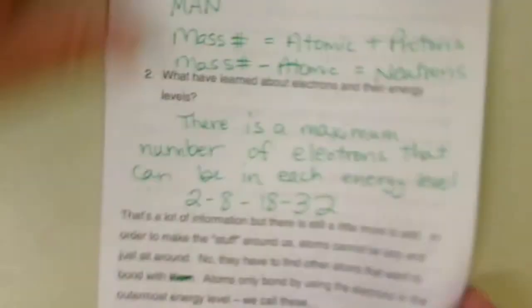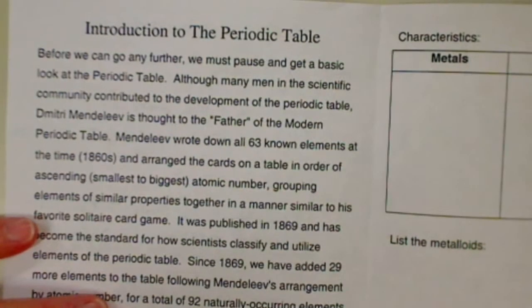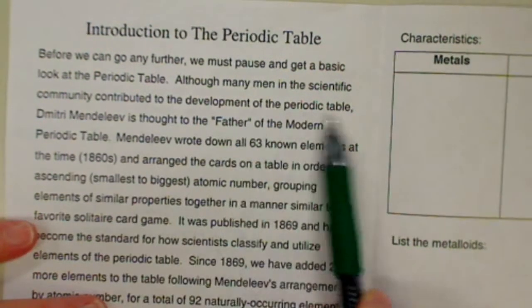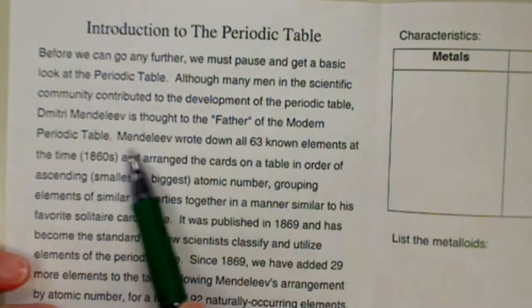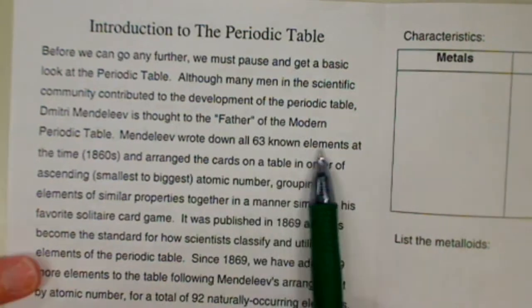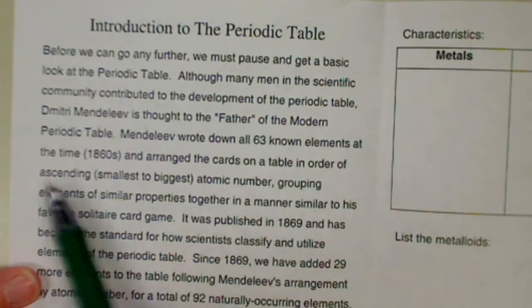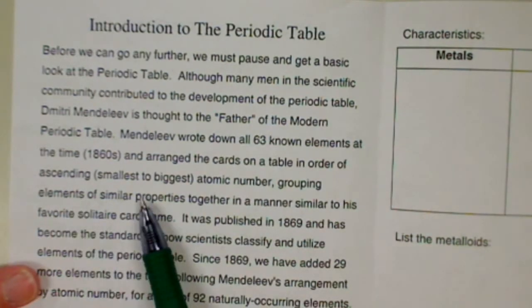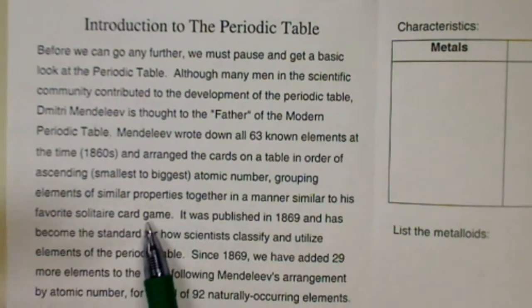All right, going back here, introduction to the periodic table. Before we can go any further, we must pause and get a basic look at the periodic table. Although many men in the scientific community contributed to the development of the periodic table, Dmitri Mendeleev is thought to be the father of the modern periodic table. He wrote down all 63 known elements at the time in the 1860s and arranged the cards in a table in order of ascending, which means smallest to biggest, atomic number, grouping elements of similar properties together in a manner similar to his favorite solitaire card game.